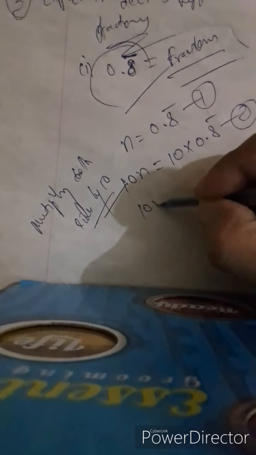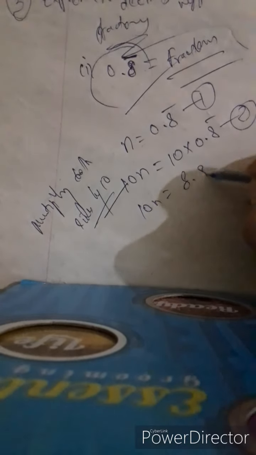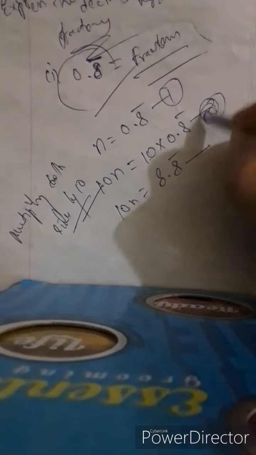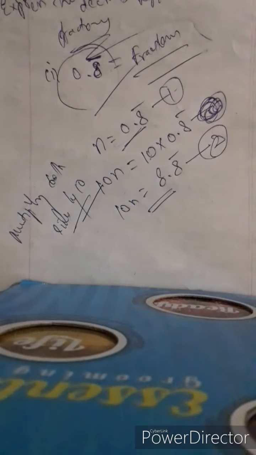So what do we get here? 10n equals 8.8 bar, because one decimal place moves, giving 8 and then 0.8 bar, 8 continuing. So this is equation 1, n equals 0.8 bar, and this is equation 2, 10n equals 8.8 bar.